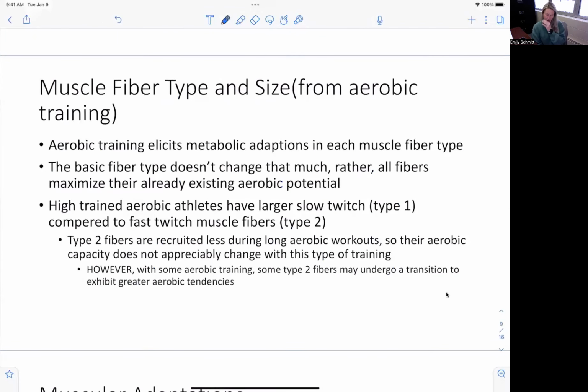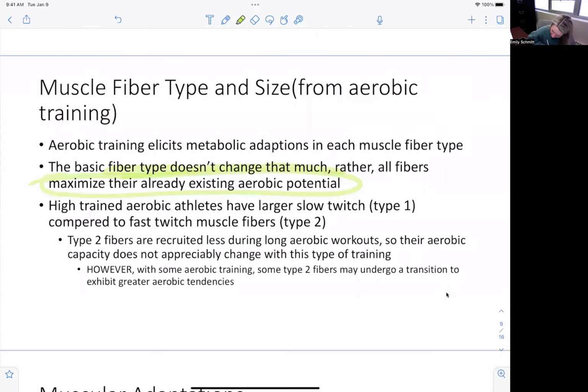So muscle fiber size and type from aerobic training. We know that aerobic training is going to elicit metabolic adaptations in each muscle fiber type. The basic fiber type doesn't change that much, but rather all fibers will maximize their already existing aerobic potential. So highly trained aerobic athletes have larger slow twitch type 1 compared to fast twitch type 2.